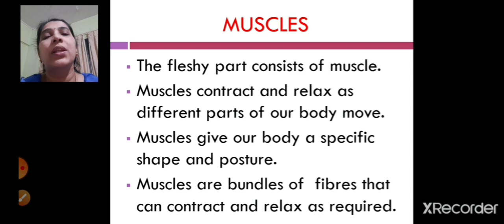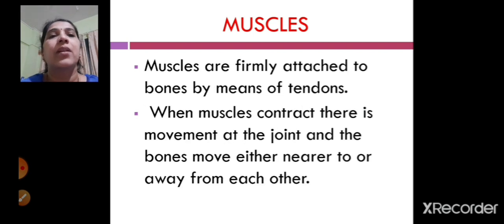So when we are doing the movement, that is contraction, and when we are not doing any movement, that is relaxation. Now the muscles give our body a specific shape and posture, right? And the muscles contain the bundles of fibers, and because of that, they can contract and relax whenever required.